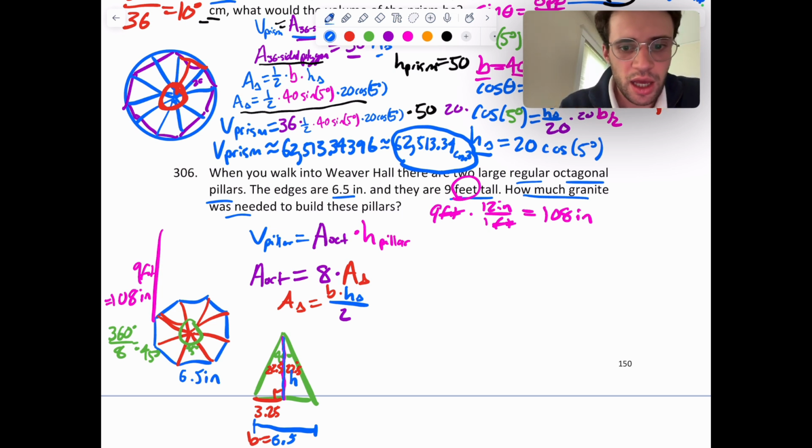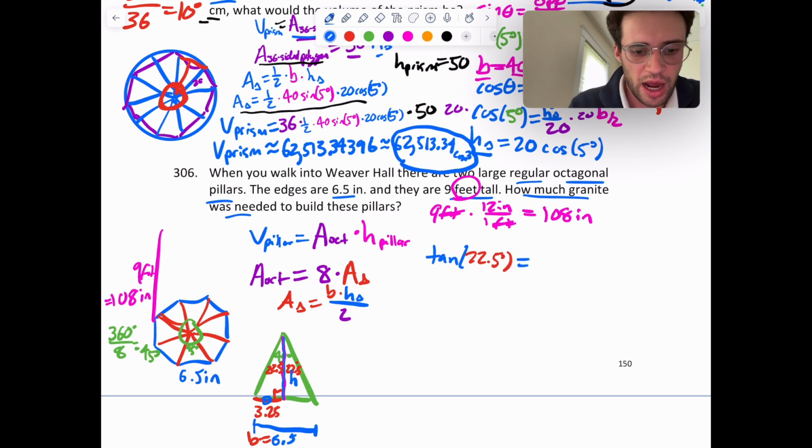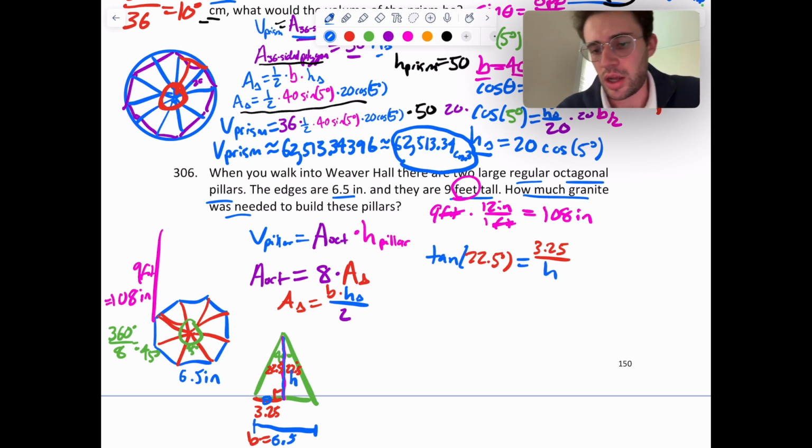And now to find the height, we would need to use tangent because we have the opposite of the 22.5 degrees, where there's across from it, and the height is the adjacent. So I'll write that as the tangent of 22.5 degrees is equal to opposite, so 3.25, divided by the adjacent, which is the height. So now we want to get the height alone.